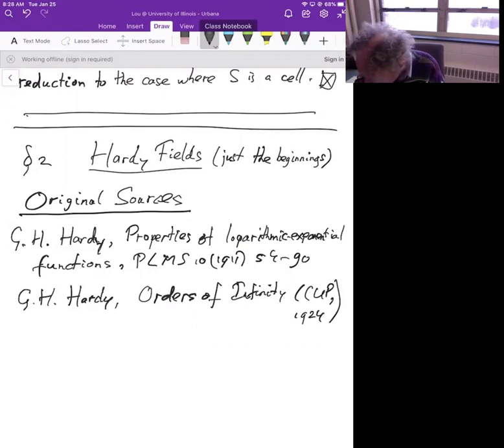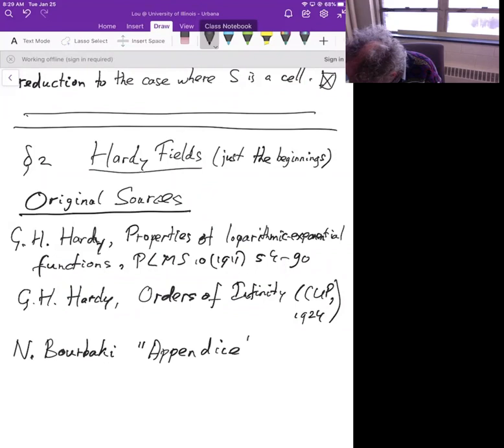And then formally the notion of Hardy field came a lot later, namely as an appendix in a book by Bourbaki, in one of the volumes, the volume Fonctions d'une variable réelle, 1976.